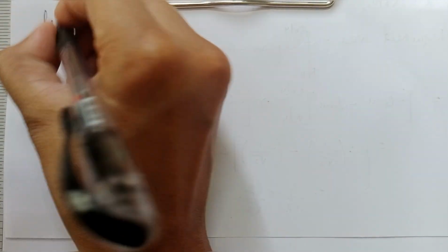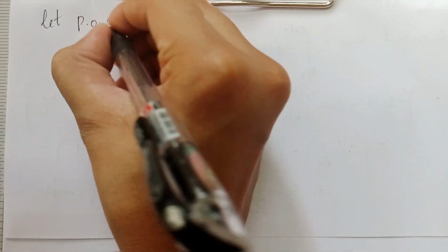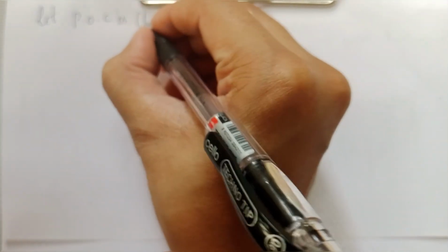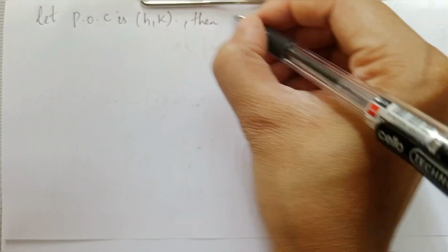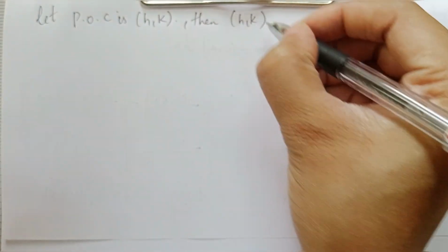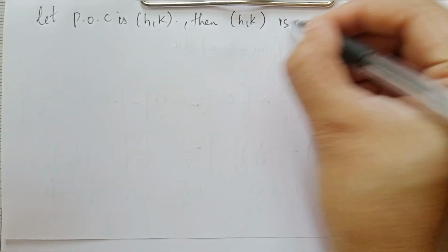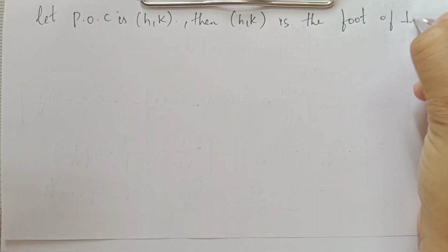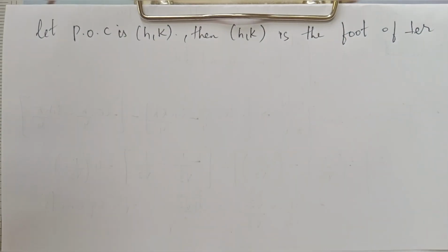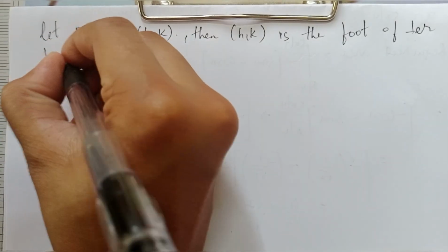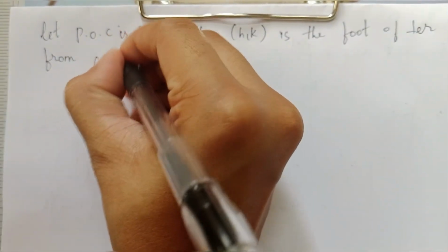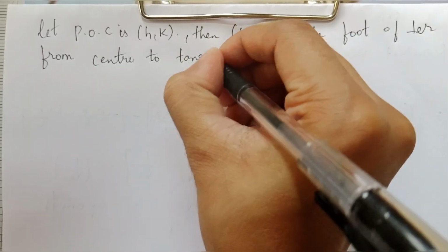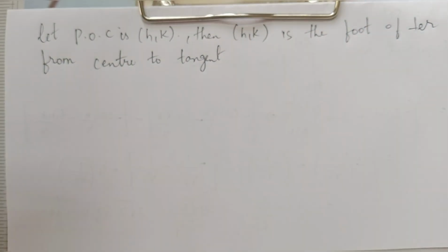So let the point of contact be h comma k. Then h comma k is the foot of the perpendicular from the center to the tangent.